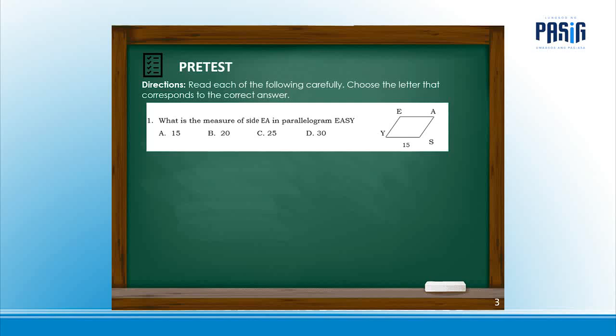What is the measure of side EA in parallelogram EASY? Given in the figure that SY is equal to 15. A. 15. B. 20. C. 25. D. 30. Timer starts now.